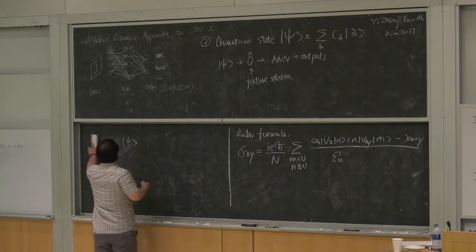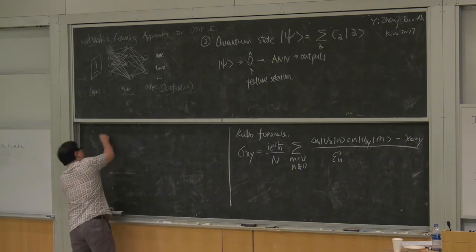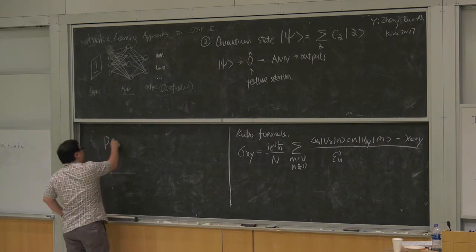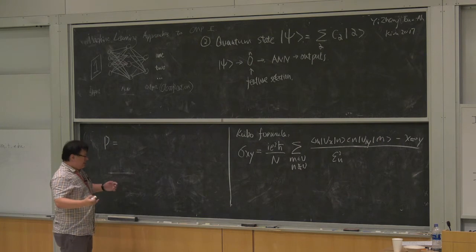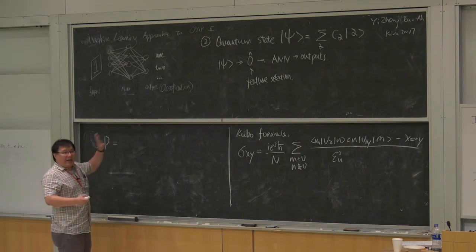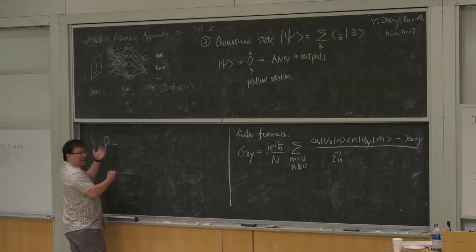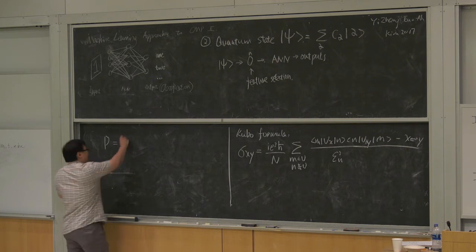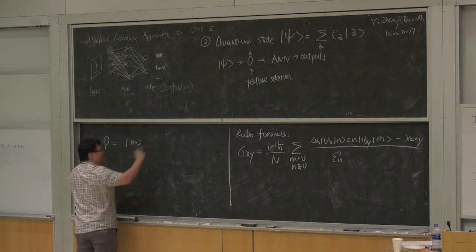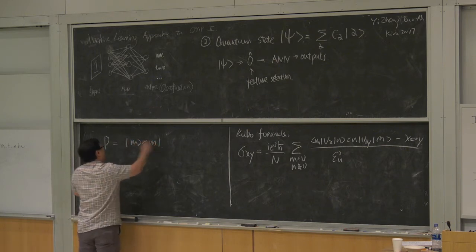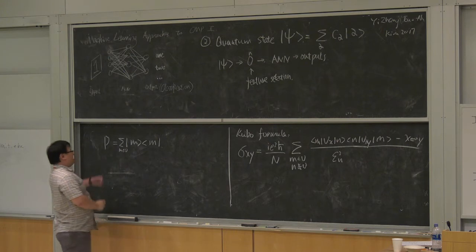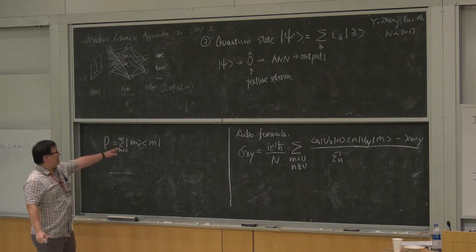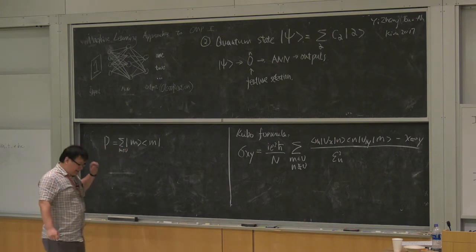If I have a many-body state, I have a ground state wave function, I can write down a projection operator into that state. So in terms of that language, it's just this. It's a sum over all the occupied single particle states.